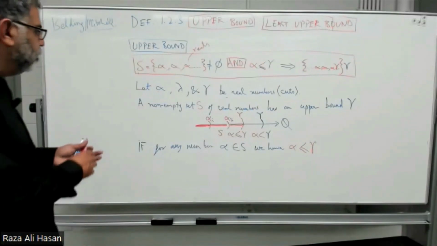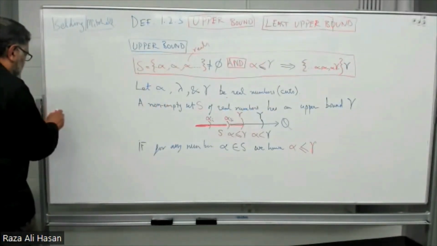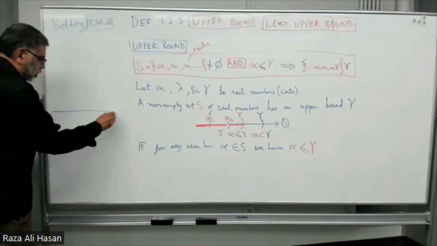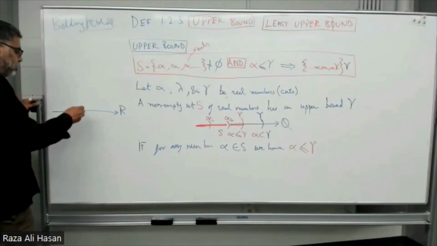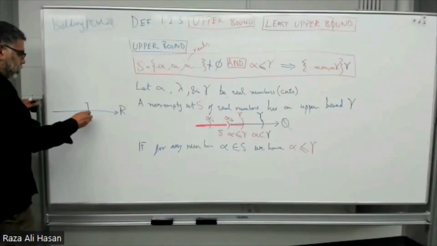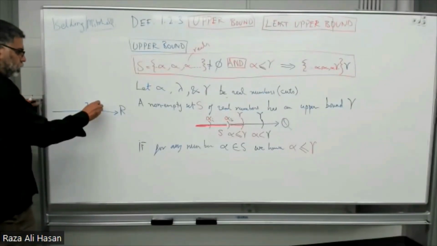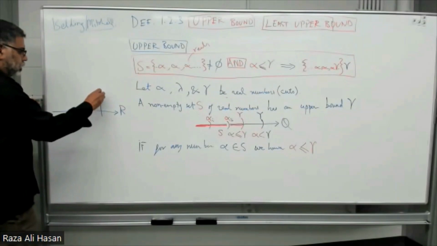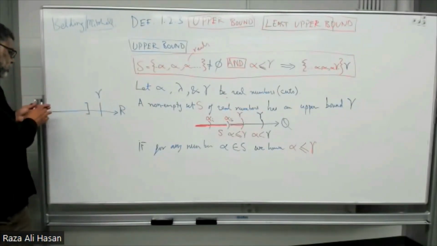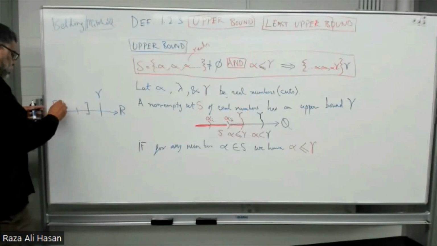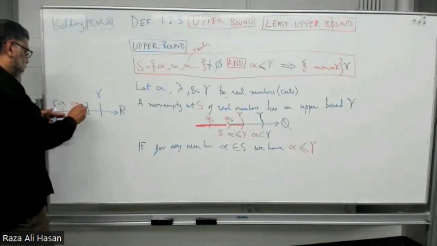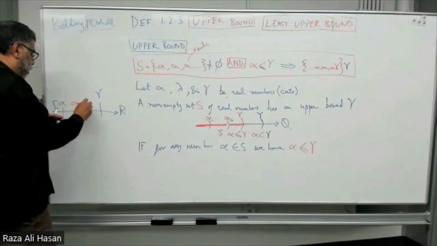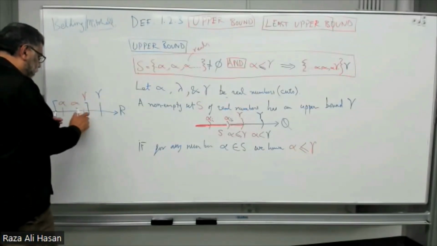And then how have we been thinking about this on the side here? We have been thinking about all this with an R. So this is gamma, and we have a bunch of alphas in here. If gamma is in the set, then it will be right here.